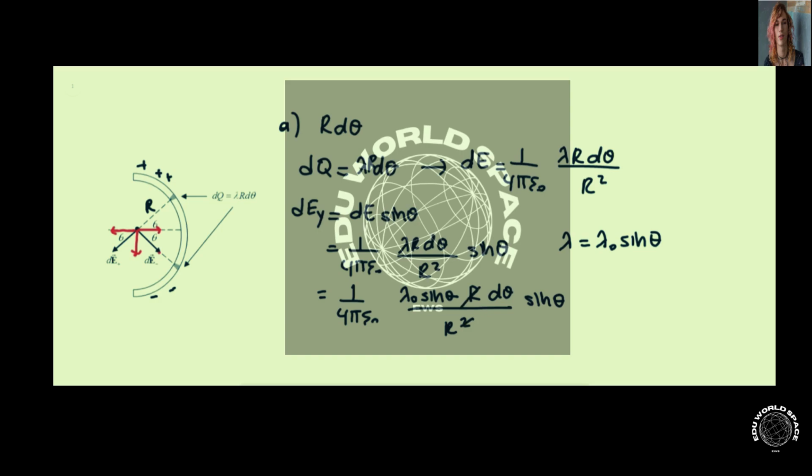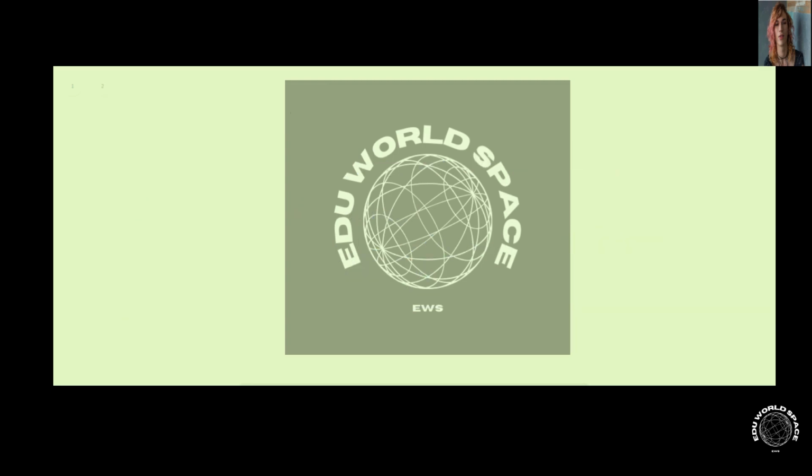So one r is going to cancel, and we have sine times sine theta, so we can write it as lambda naught sine squared theta d theta over r. Now all we need to do is integrate over theta, right? So theta goes, as you can see here, from pi over 2 to negative pi over 2. Let's do it on the next page.